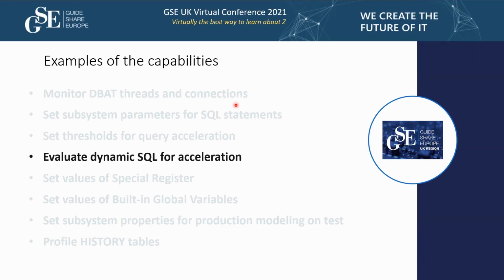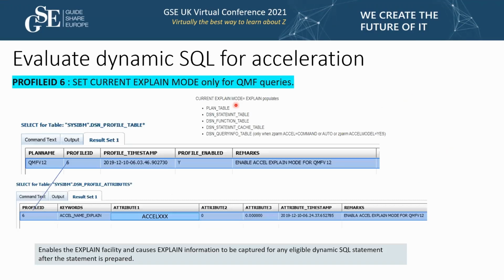And this one is how to evaluate dynamic SQL for acceleration. So profile ID number 6, set CURRENT EXPLAIN MODE only for QMF queries. The CURRENT EXPLAIN MODE special register contains the values that control the explain behavior in regard to eligible dynamic SQL statements.